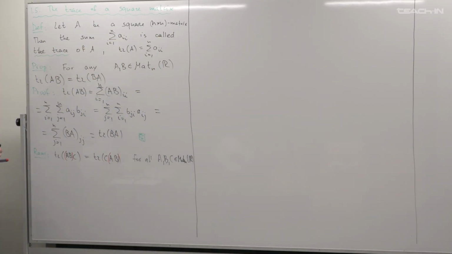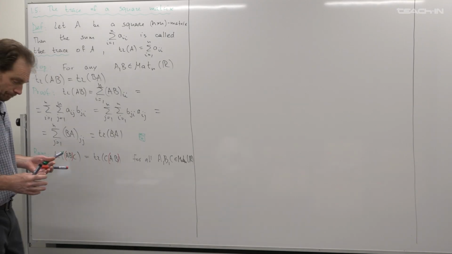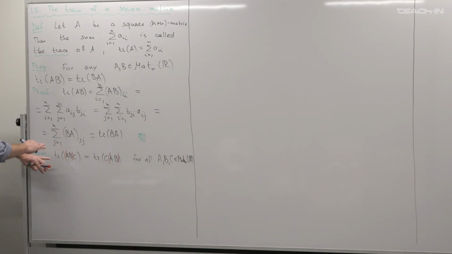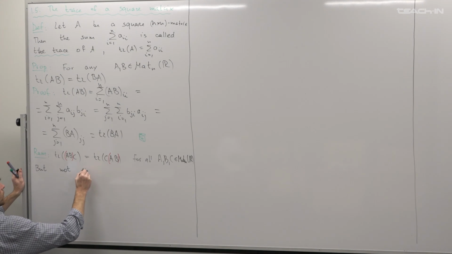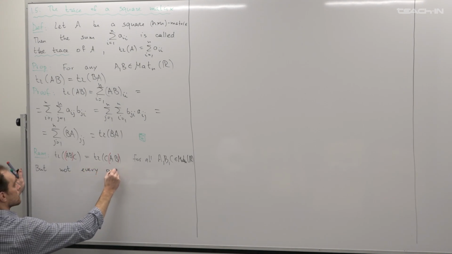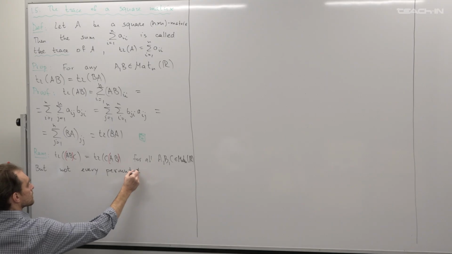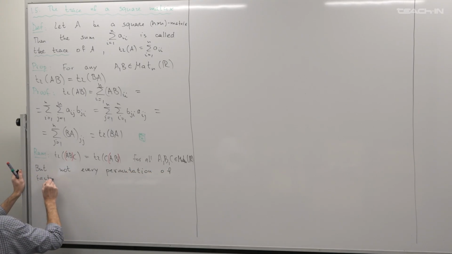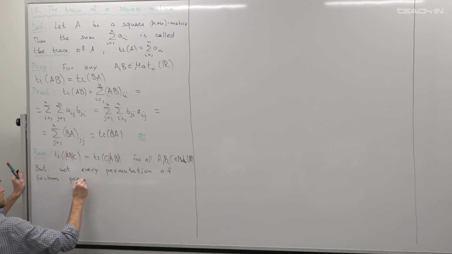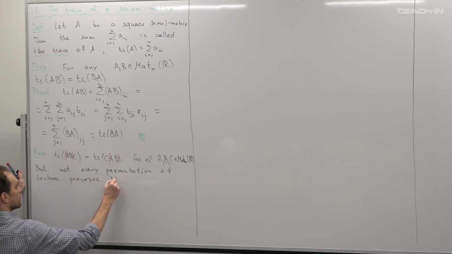But this does not mean that we can consider any permutation of matrices here. The trace would be different. So not every permutation of factors preserves the trace.